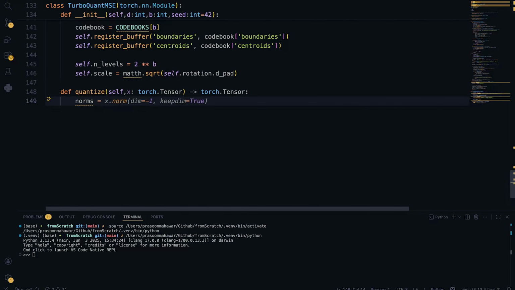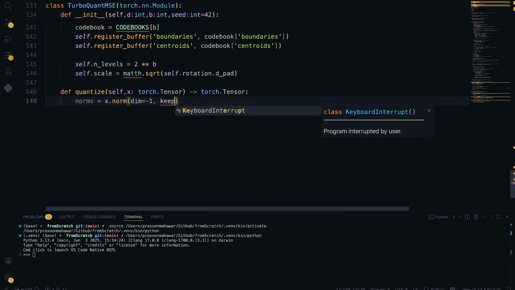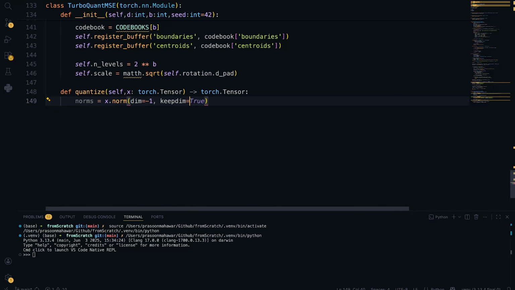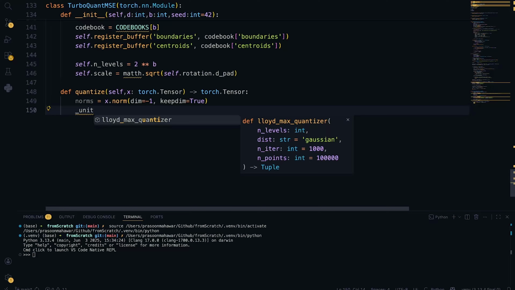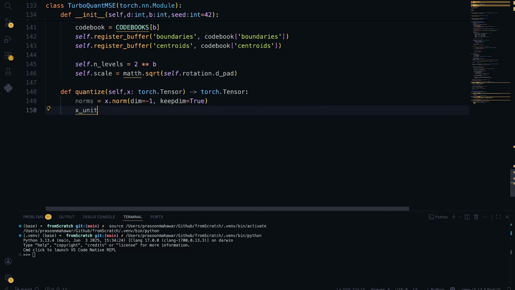We have norms equals x.norm with dim equals -1 comma keepdim equals True, x_unit equals x divided by norms plus 1e-9. Step 1, so this is the L2 norm, normalize and save the norm.